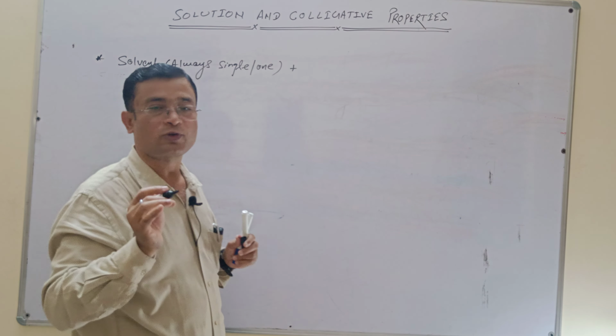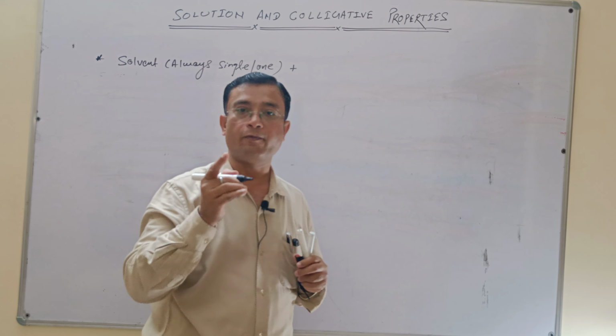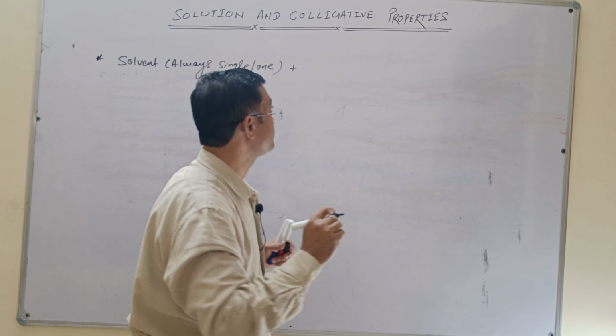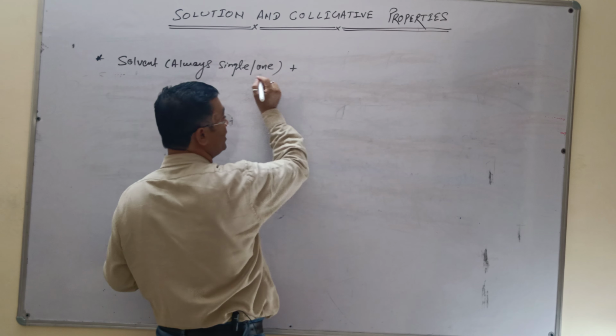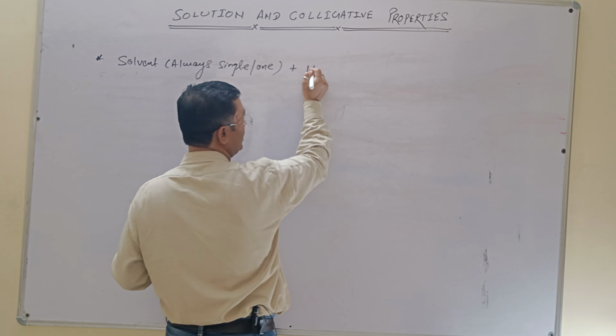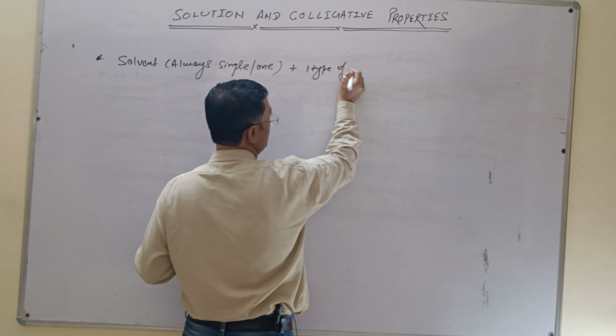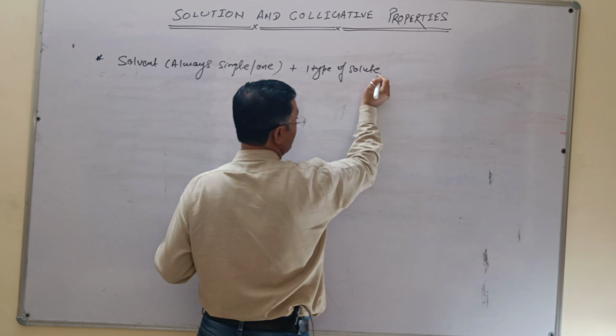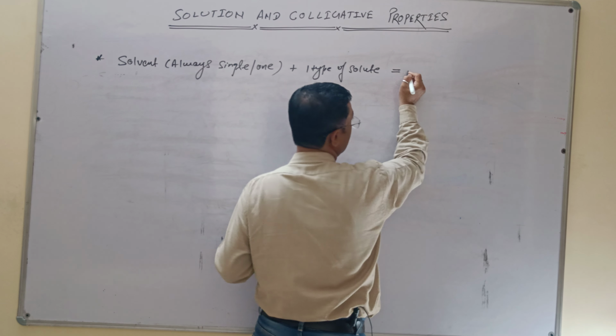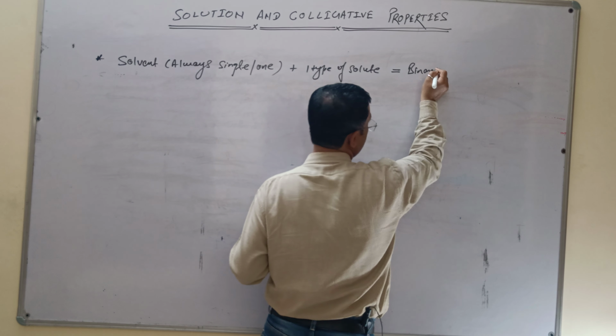But the number of solute components may be one or more than one, up to infinite. So if the solvent is always one and only one type of solute is added and dissolved in it, then the solution is called a binary solution.